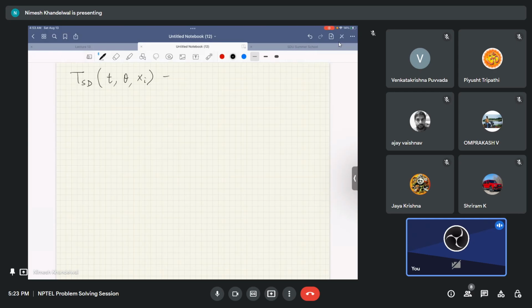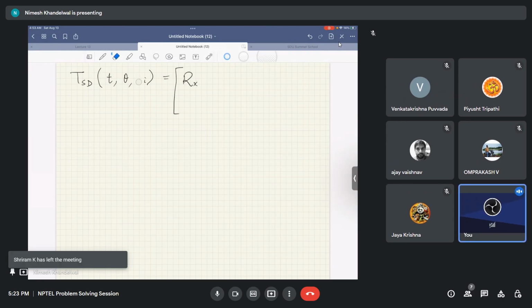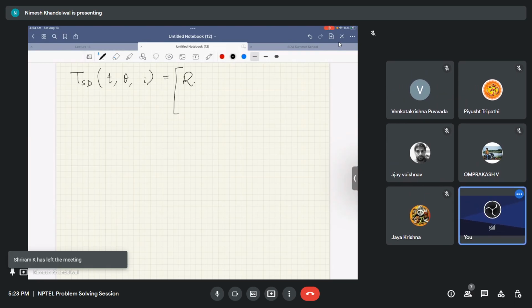So this screw displacement is written as rotation about, I should not write x, about ei. So rotation about this particular axis by this angle and this translation.